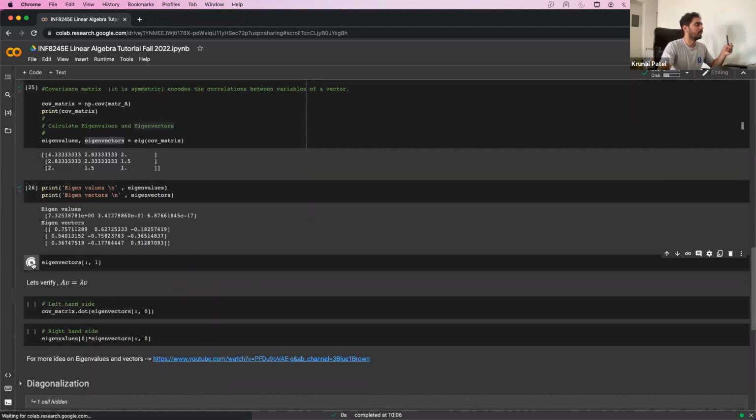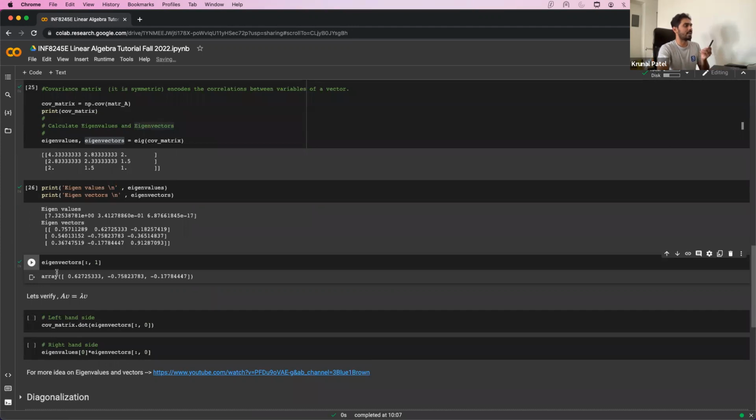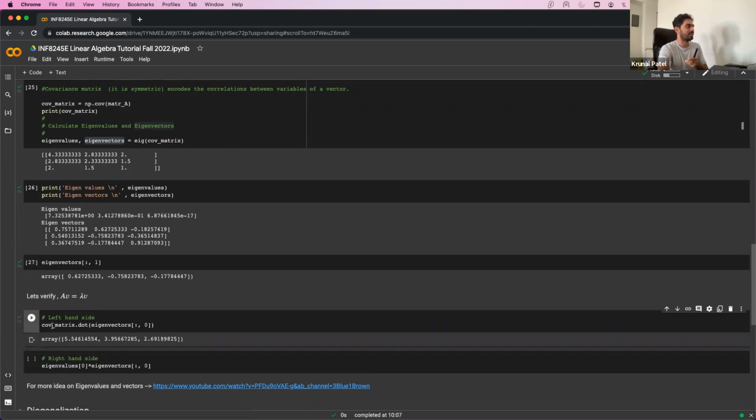Okay. So this was a particular eigenvector, which is this one. And if you want to verify that A times this eigenvector is lambda times this eigenvector, the left hand side is this matrix, and you can actually do the dot product directly like this, matrix times vector, and that will also give you the vector.